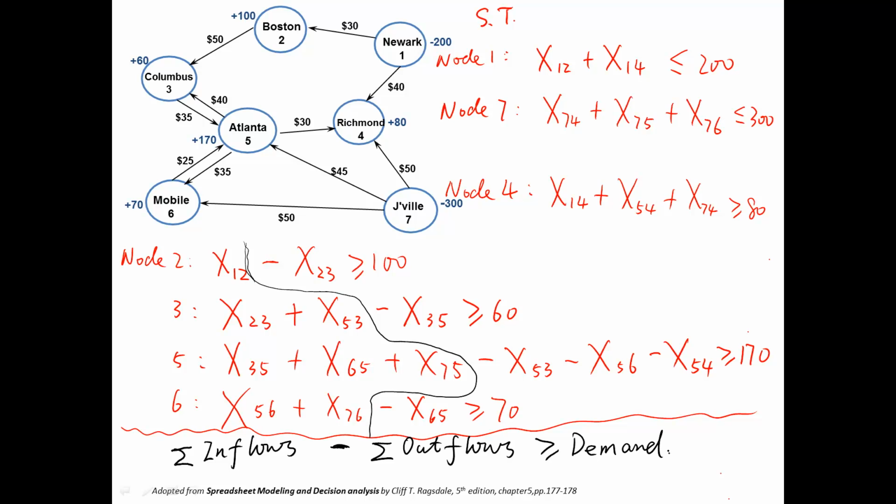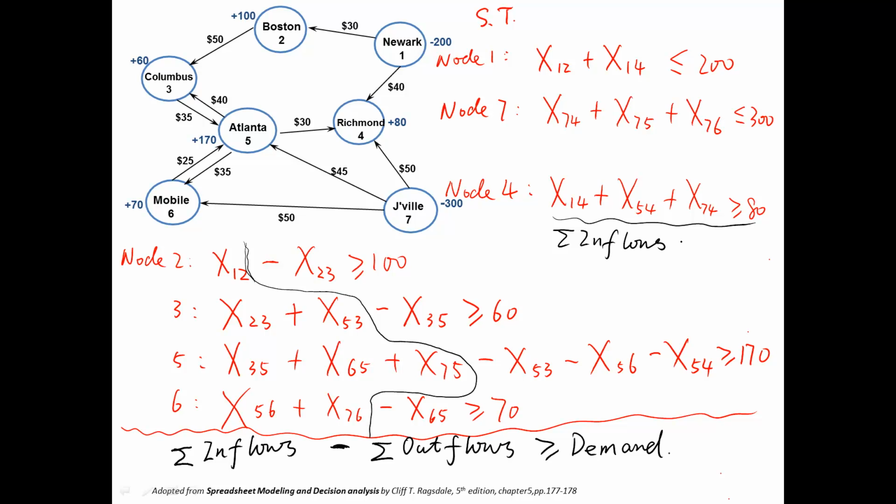Okay, and let's see, can we apply this general format to the demand node? These are the inflows to node 4, right? So it's still inflows.